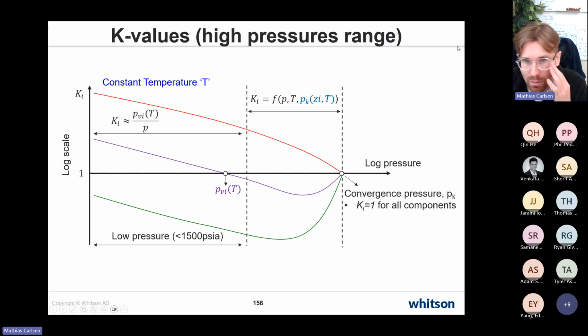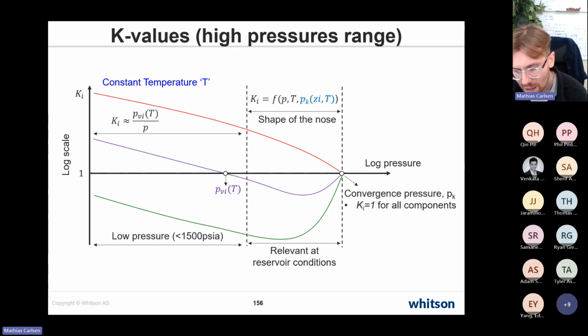This region can be really dependent on fluid type, temperature, and pressure, so it's a very complex thing to model that is only dealt with rigorously when you have an equation of state.